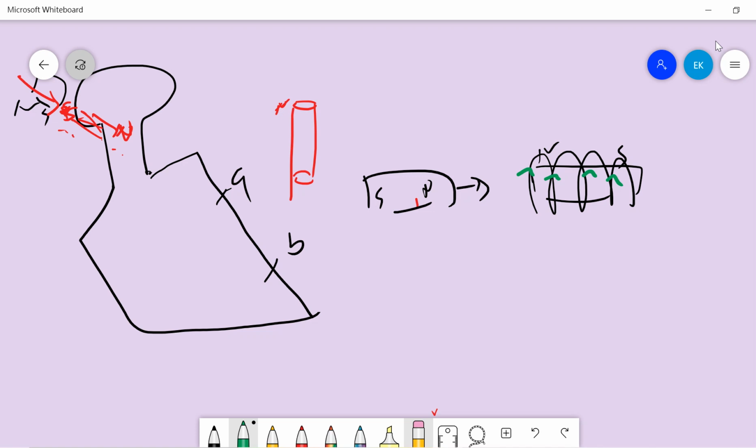So in this case, when S is coming in, you will have a virtual S to block it.